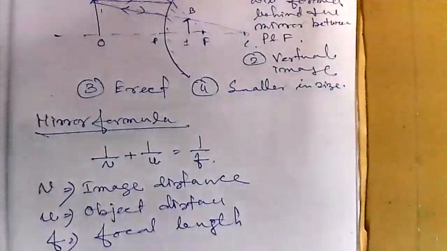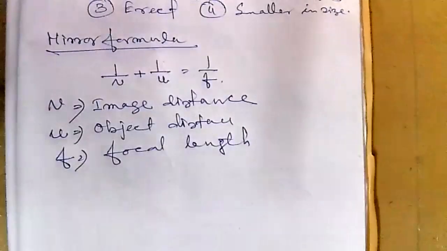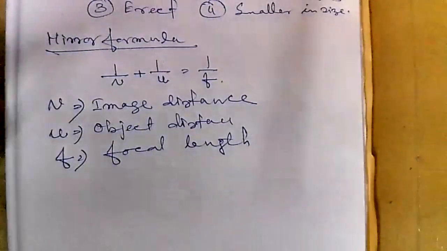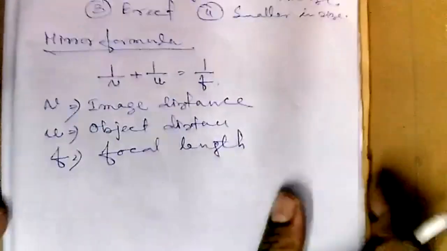Now we will do the derivation. I will go to the next page because for the derivation I need the figure. All these derivations in geometrical optics are basically based on geometry. You need very good knowledge of geometry. So again, I am doing it for a concave mirror.